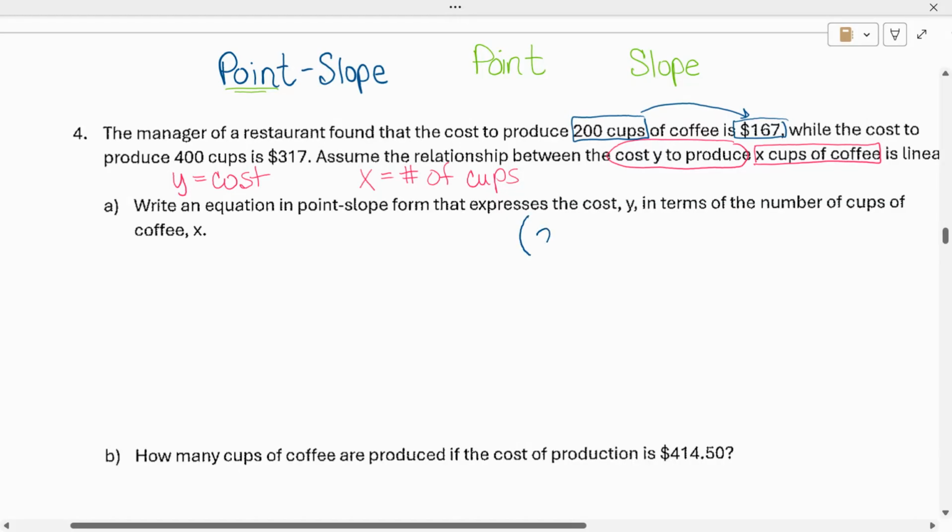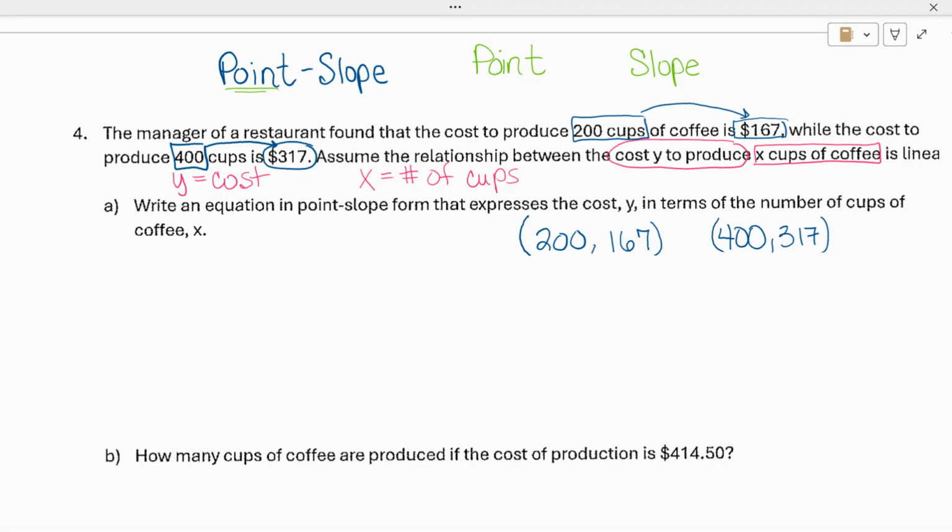That's my first ordered pair. 200 cups paired up with a cost of 167. And I also see another pairing, 400 cups, that's X, paired up with 317 cost. That's my Y. So those are my two ordered pairs.